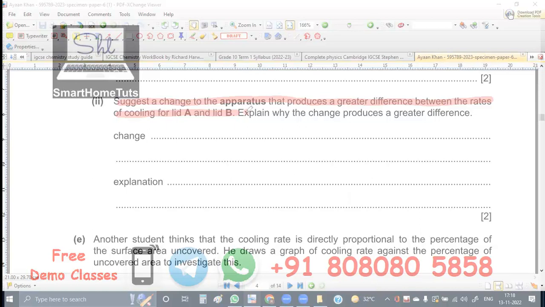Explain why this change produces greater difference. What change we are going to produce and what will be the explanation for this? What change we are going to produce so that the difference in temperatures between both of these, lid A and lid B, is bigger.